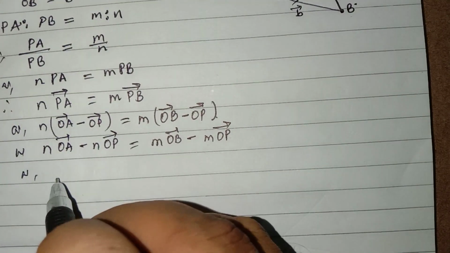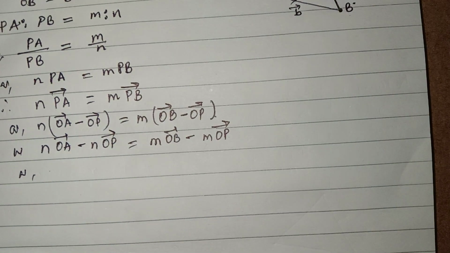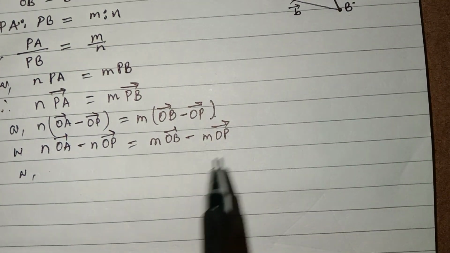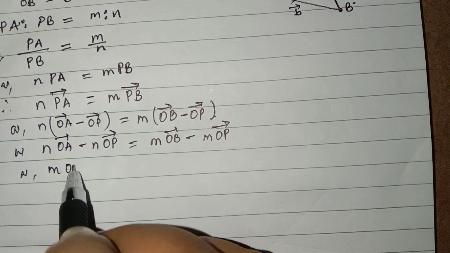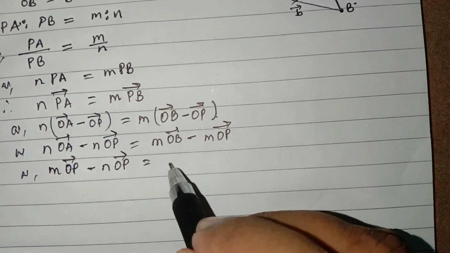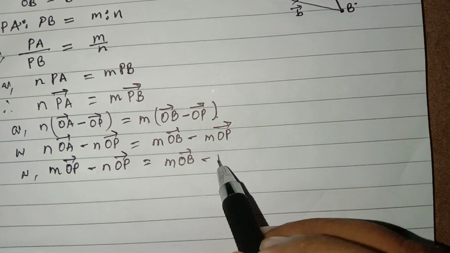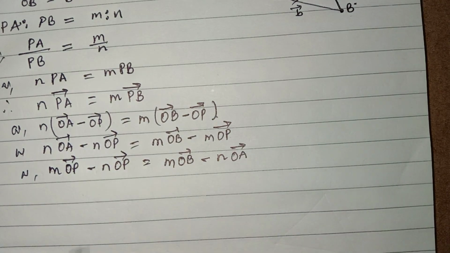Or I have here minus m times OP vector becomes plus m times OP vector minus n times OP vector equal to m times OB vector, and this one minus n times OA vector.